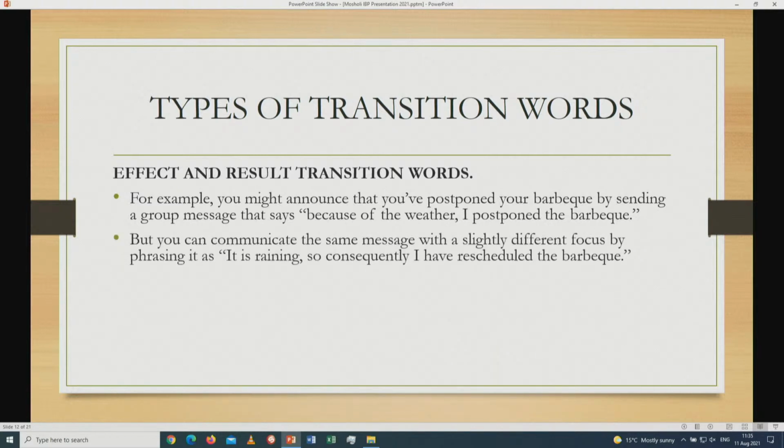But you can communicate the same message with a slightly different focus by phrasing it as, "It is raining, so consequently I have rescheduled the barbecue."